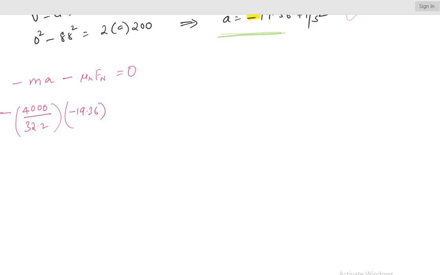Okay, minus mu k, that's what we got to find out, Fn is 4,000. Okay, what do you get when you run the numbers? You get mu k is equal to 0.60.